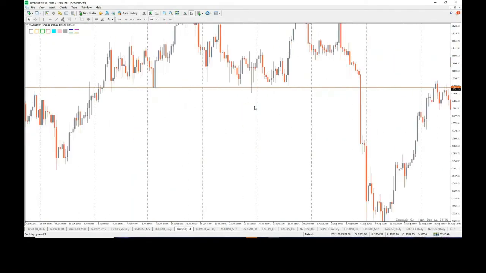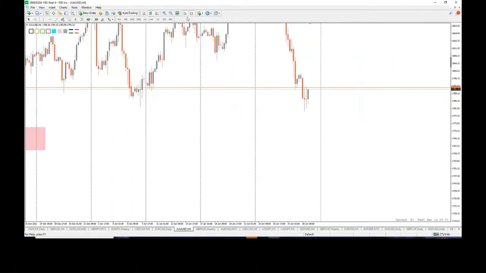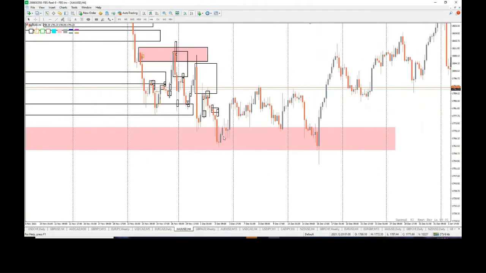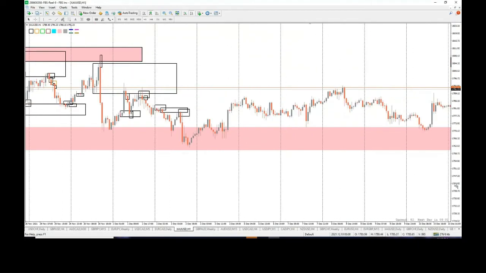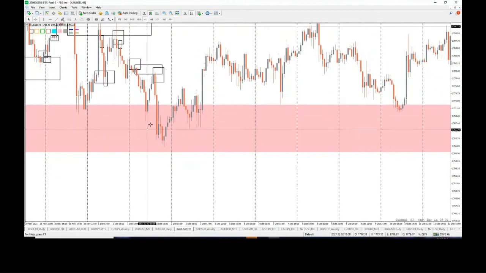Okay. In the daily zone, we wait for H4 or H1 to make an engulfing buy. So this is your buy zone.